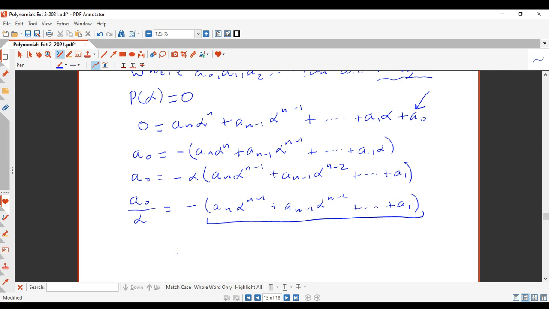So what we can say as a result of that is we can say therefore a naught divided by alpha is equal to some integer, right? We know that the whole of that brackets is an integer, don't we? And a minus sign times an integer is still an integer, isn't it? So I can just say is equal to k, where k is an element of the integers, okay?